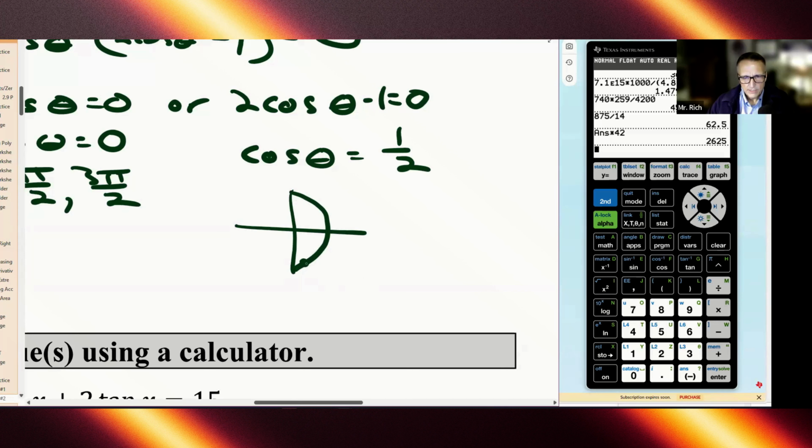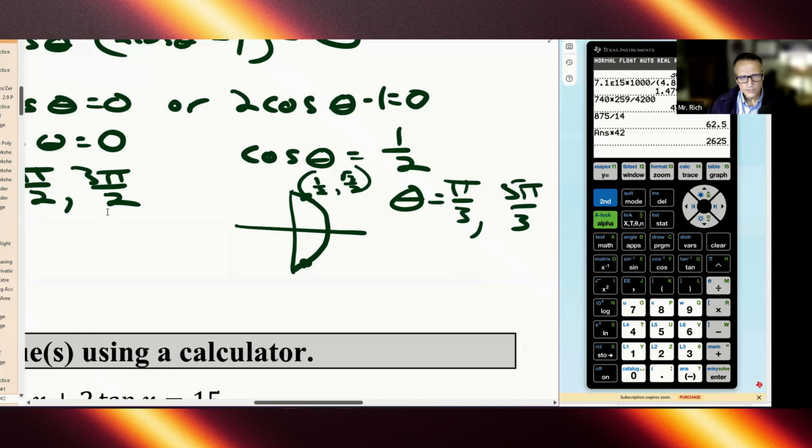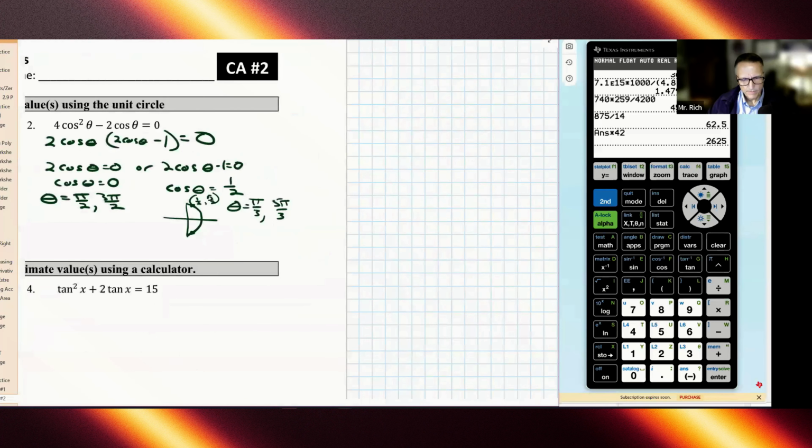It's going to be at this location and this one down here, because I know the coordinates right there are 1/2, comma, √3/2, and that one is 1/2, negative √3/2. So the two solutions I come up with from that are pi over 3, and this guy down there, 5 pi over 3. There are 4 solutions to that equation, and there they are.